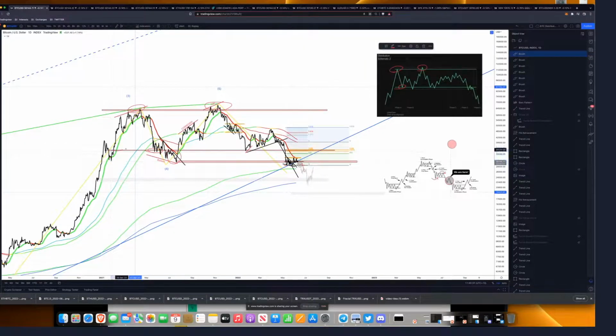So I think this is the main support level based on that as well. So this is slightly lower. We got that over here. So the thesis is that that is a support level, the main support level based on this schematic.